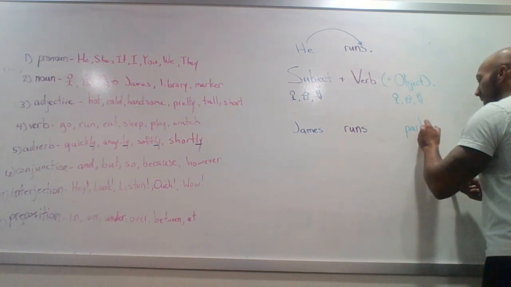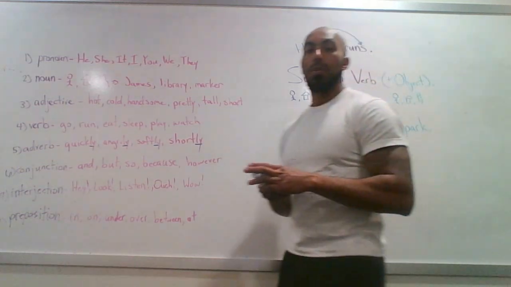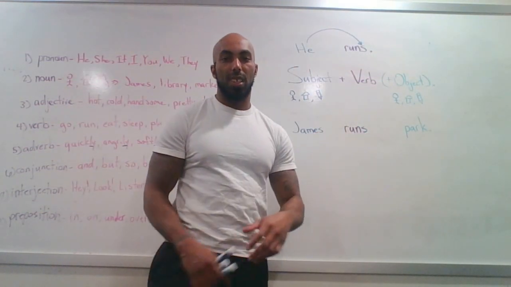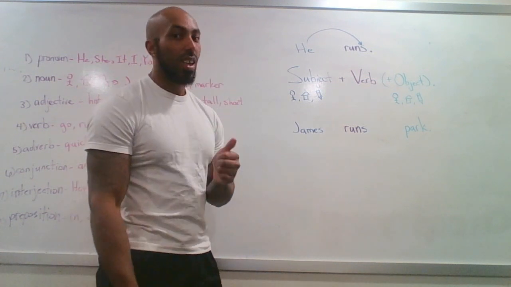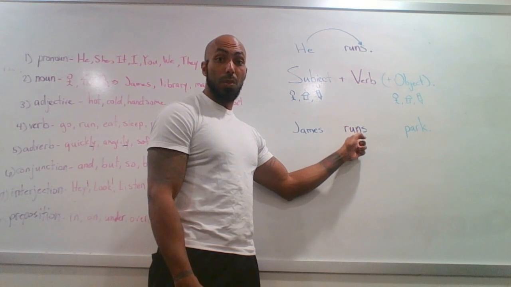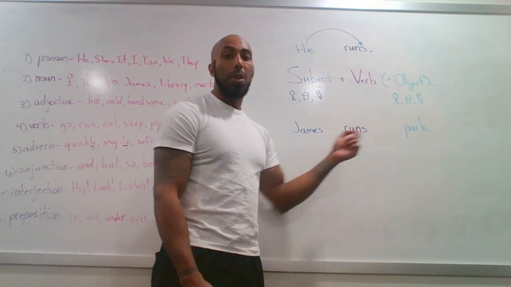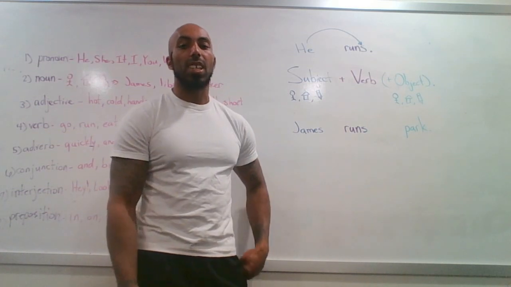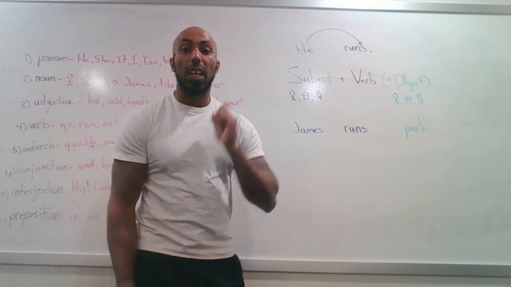Okay. Now, some of you may know that something is missing from this sentence. This is not a good sentence. Something's missing. I have my subject, that's true. I have a verb, and I have an object. But I can't say James runs park. That does not make sense. One of these things is a place.